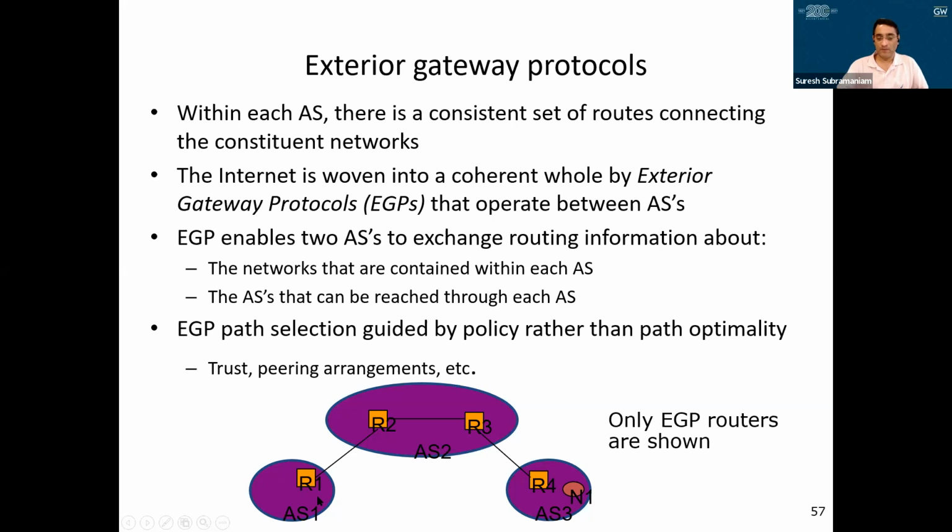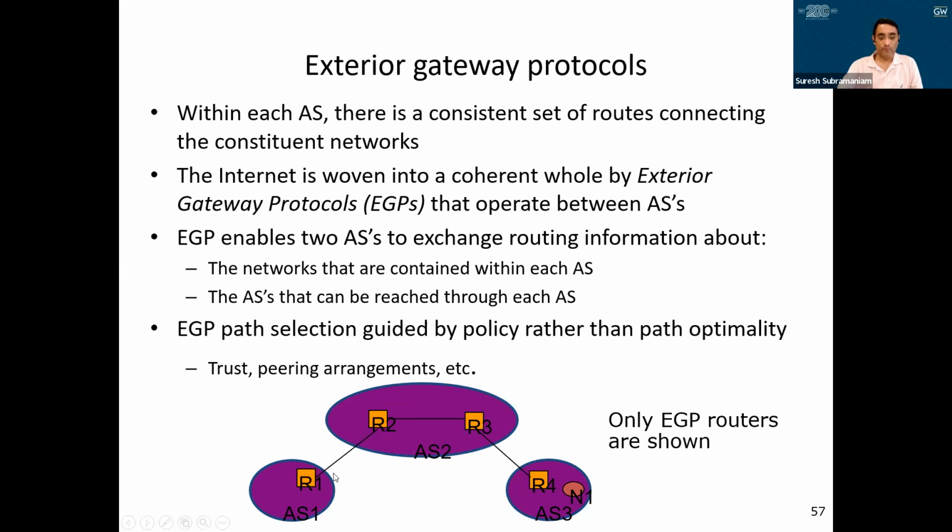So it's not possible to say I want to minimize the end-to-end delay from a user in autonomous system 1 to a user in autonomous system 3. That's not possible because you're going through multiple other intermediate networks, and those networks follow their own rules about what is the best path. So finding the optimal path is not even a goal here.